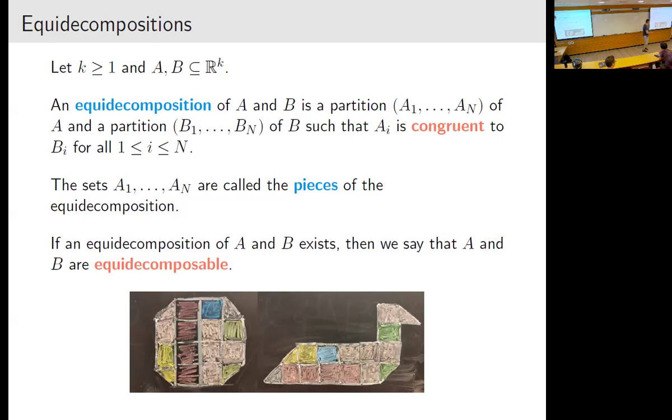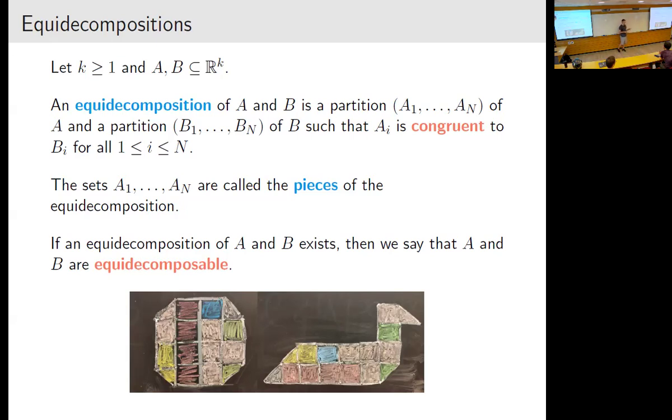For example, the yellow here is the same shape as this yellow set here, right? This also demonstrates that it's not really like a jigsaw, because the pieces might not be connected. For example, the green set contains a square and a triangle in a disjoint union, but this is congruent to that, right?